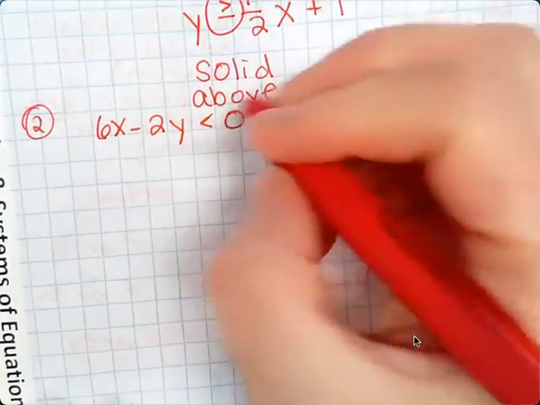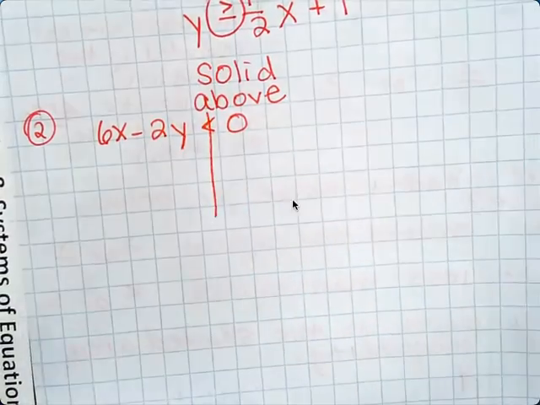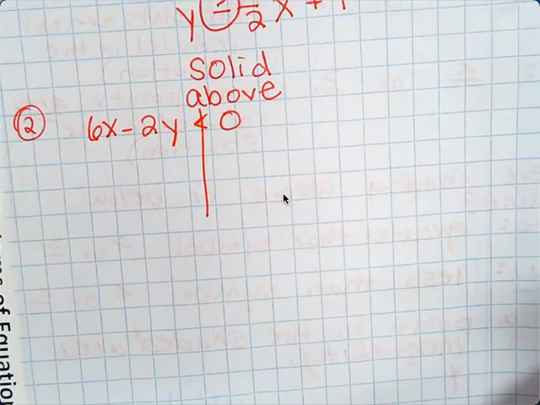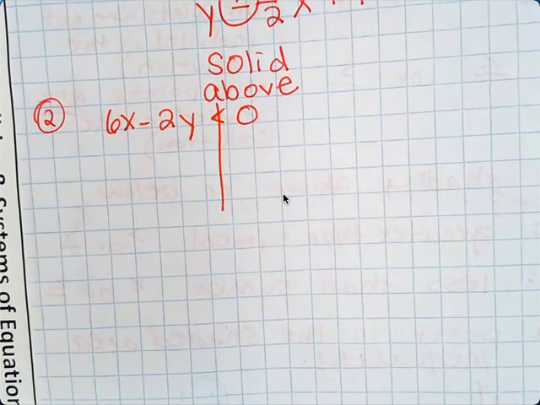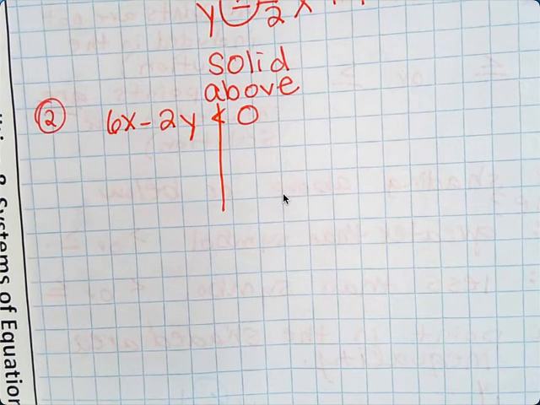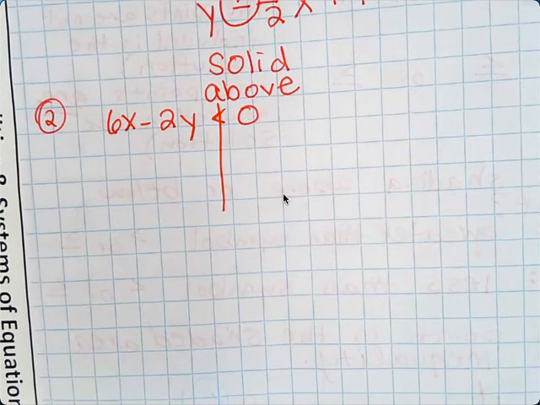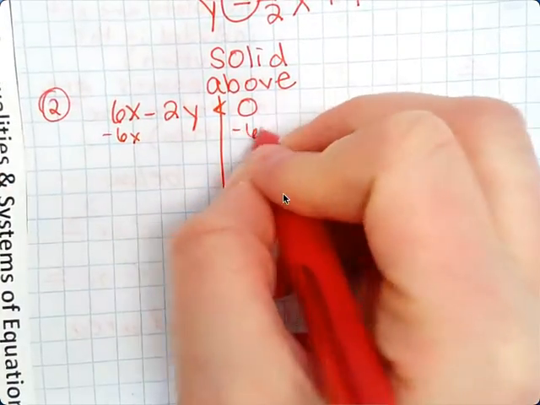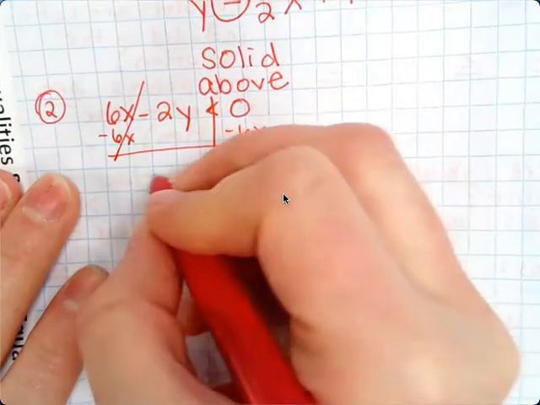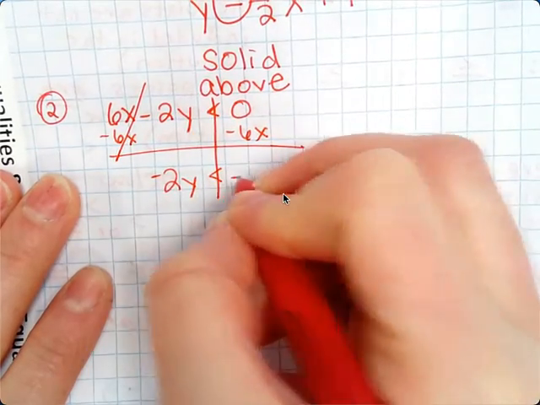So this time we have a less than symbol. So minus 6x on both sides. 2y is less than negative 6x.